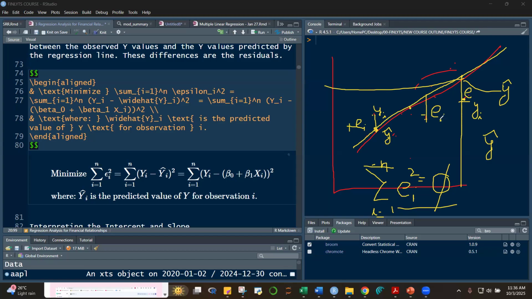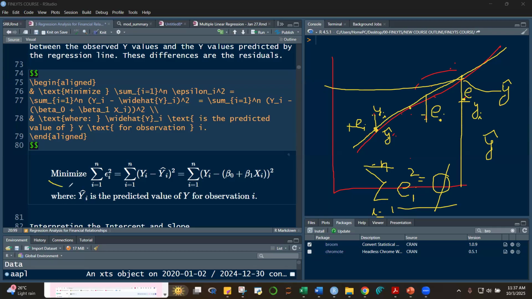Because it's always the actual y sub i minus the predicted. The predicted here is above your y sub i, right? So that will be a negative. So if you get the squares of that, then it will not generate a sum equal to 0. There will always be a value because the negative residuals will be squared, will become positive, and we are able to add up all these squared residuals.